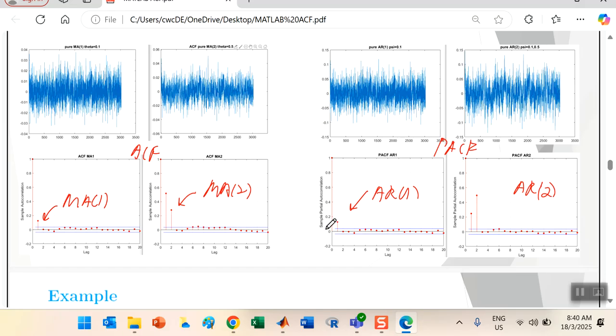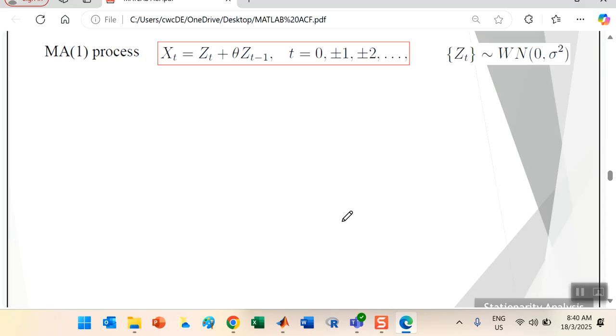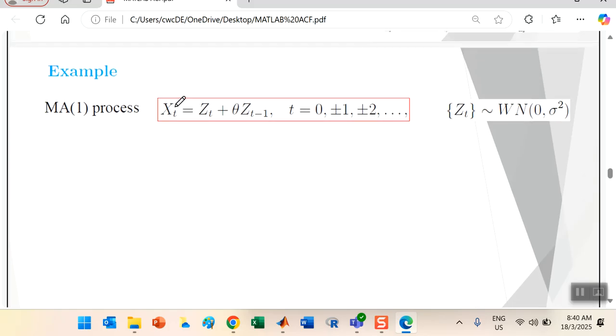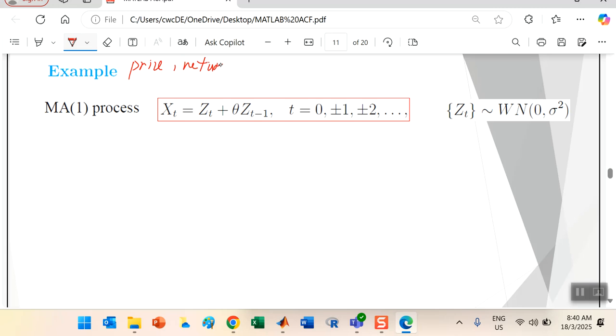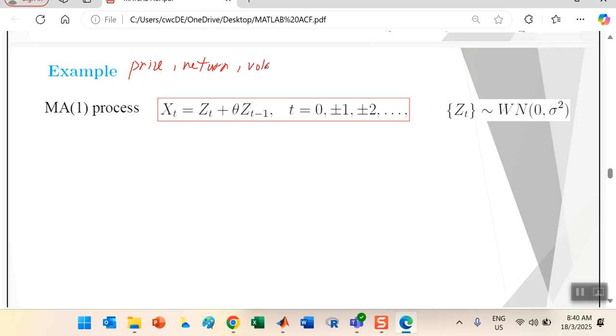So now we want to try to show this analytically. Why is this happening? So first you look at the MA1 model. So for your MA1 model, let's say the XT is representing the return series, price return, volatility, all this XT.